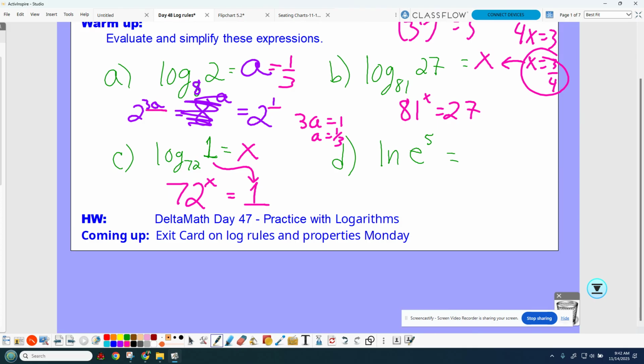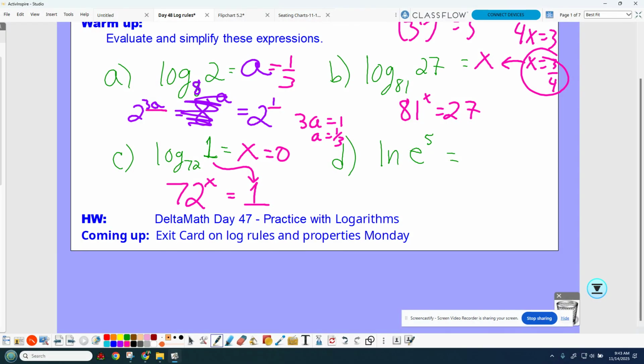Don't know? Jonathan? Is it 0? Jasper, is it 0? Yeah. So we said 2 days ago, anything to the 0 power is 1, except 0 to the 0, which in calculus I can make be other numbers.